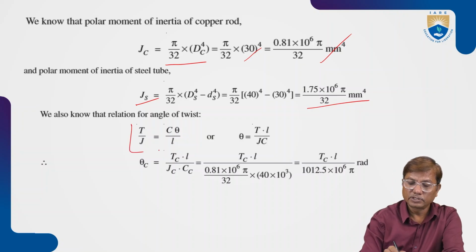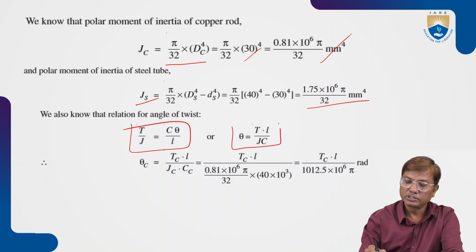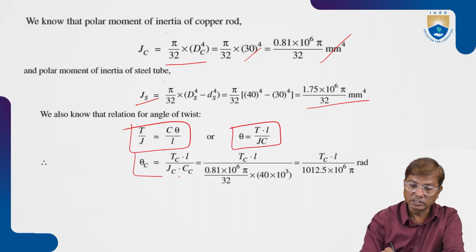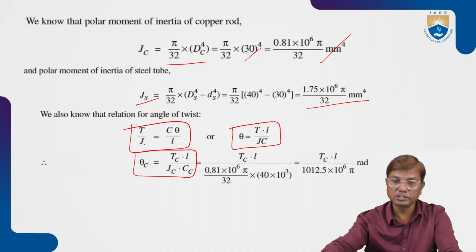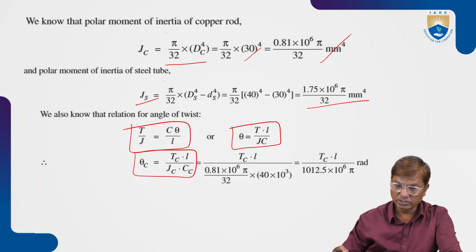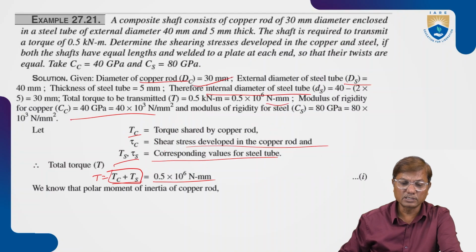And from torsion equation, theta is equal to TL by JC. And theta C for copper rod is TC L by JC into CC. So TC is unknown, length is known, length is given, isn't it?